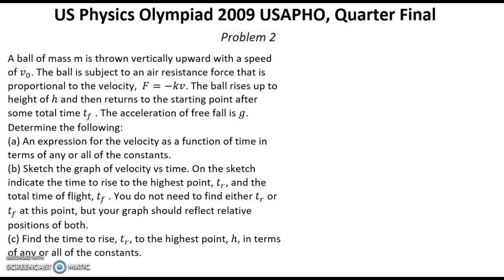You do not need to find either tr or tf at this point, but your graph should reflect the relative positions of both. C. Find the time to rise tr to the highest point h in terms of any or all of the constants.